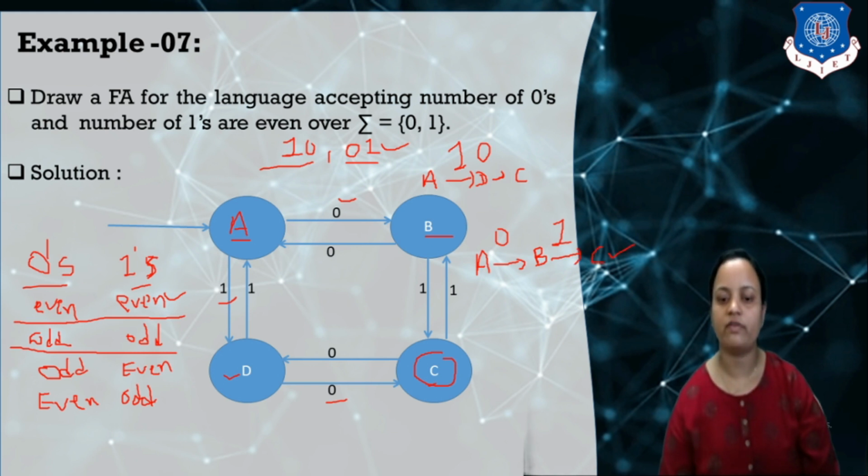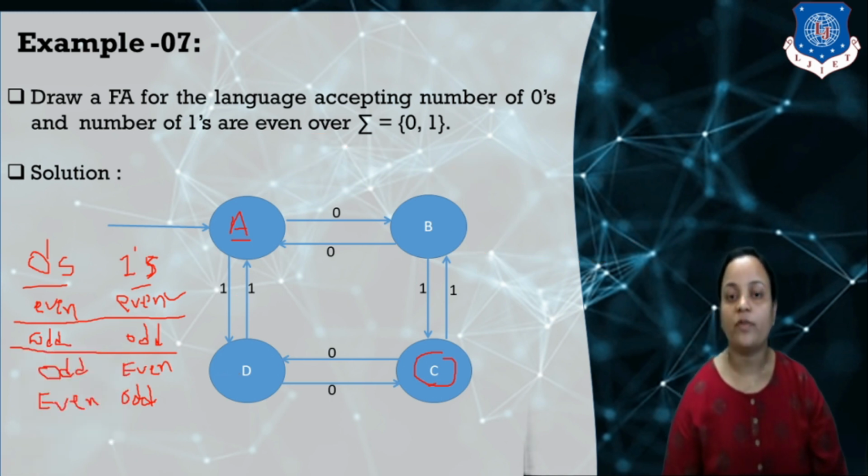So C is our final state, and this valid string is also accepted. So the strings containing an odd number of zeros and ones always reach the accepting state C. So for odd and odd we have to make the accepting state C.